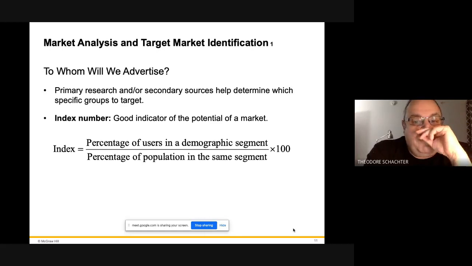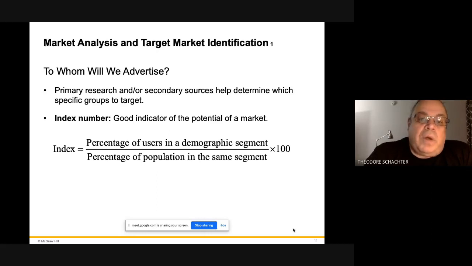But if we want to target 18 to 24, we have to identify where is the largest concentration that is above 100. So if we find a market, I'm making this up, let's say Queens, and we see that Queens has an index for 18 to 24-year-old males of 120, that means it's 20% above average.